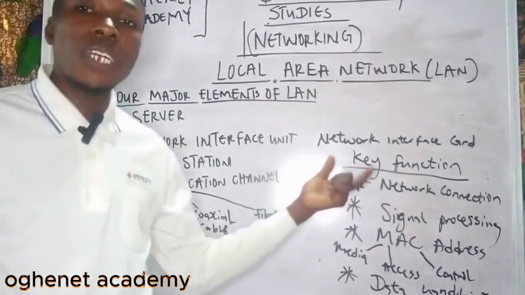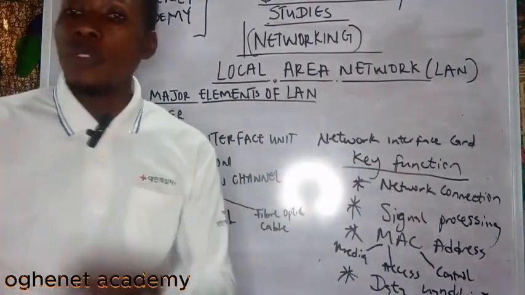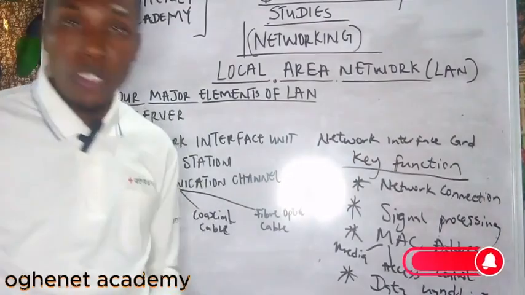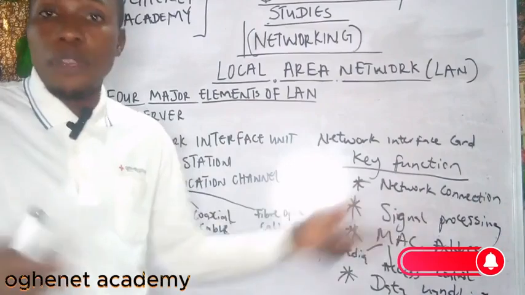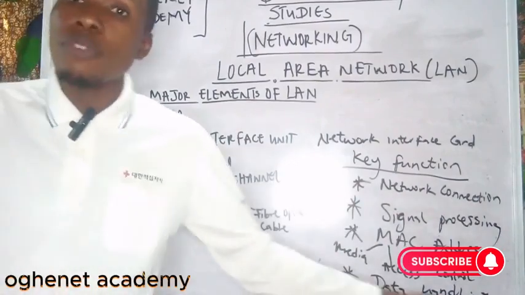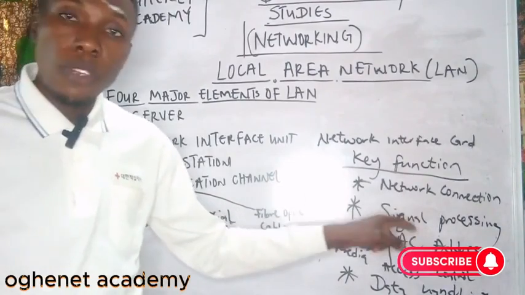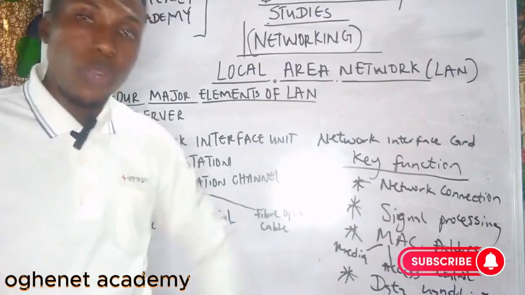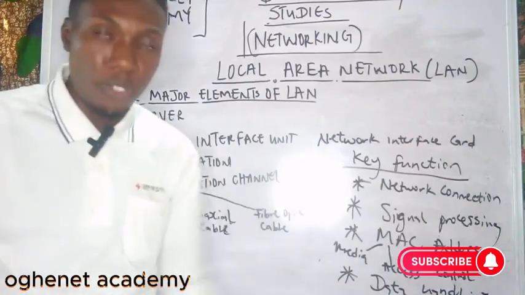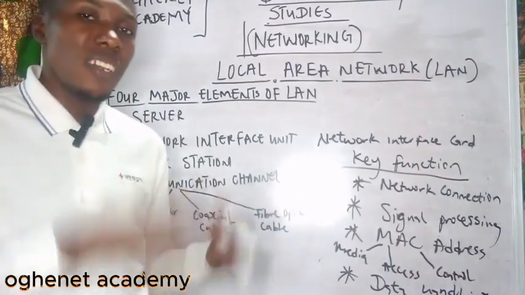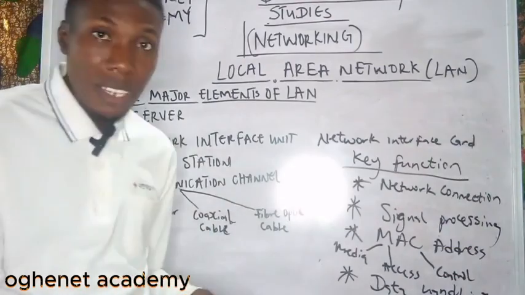Without the network interface unit, where there is a transmission of data, the CPU can be overloaded. But with the network interface unit, the CPU will not be overloaded when data is being transferred, because it has a specialized technique in handling data.